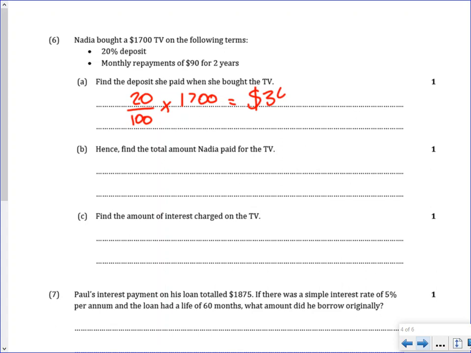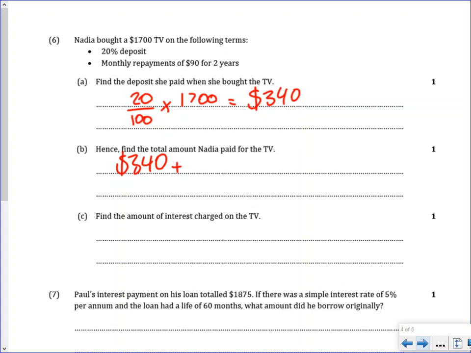$340. So that means when Nadia bought this TV, she gave whoever it was, like JB Hi-Fi or whatever, $340, but still needed to pay off a little bit more. Hence, find the total amount Nadia paid for the TV. Well, we're saying it's that $340 plus. We're also told that they made monthly repayments of $90 for 2 years.